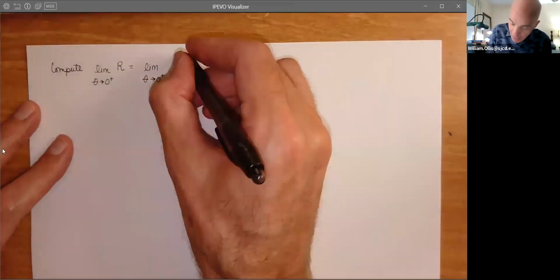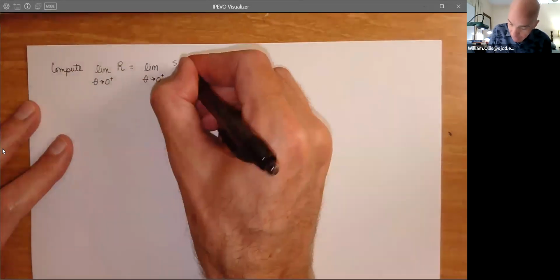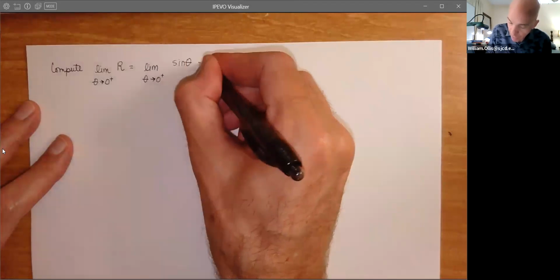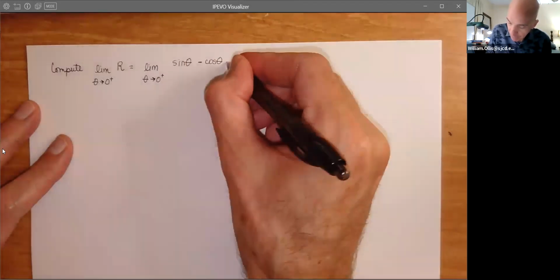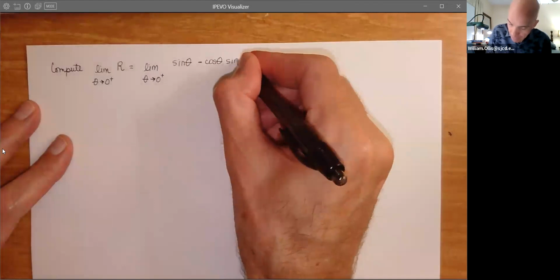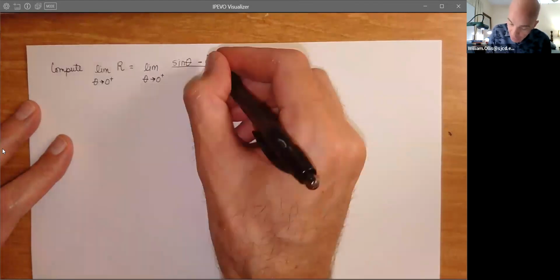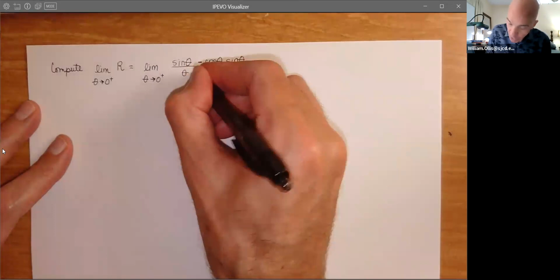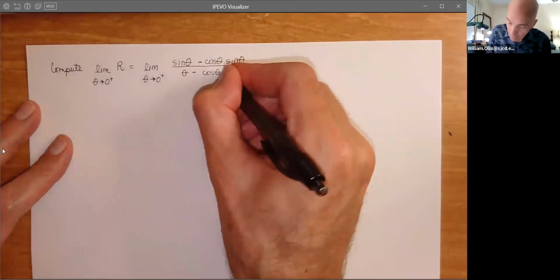And I'll write it in: sine theta minus cosine theta sine theta, divided by theta minus cosine theta sine theta.